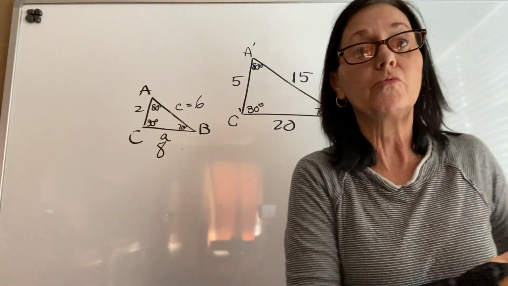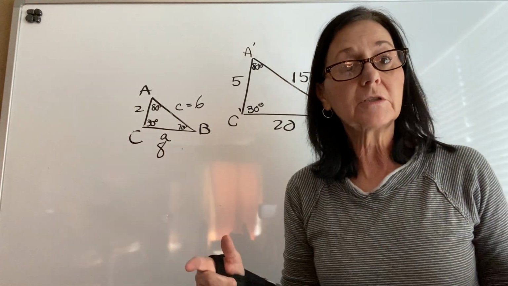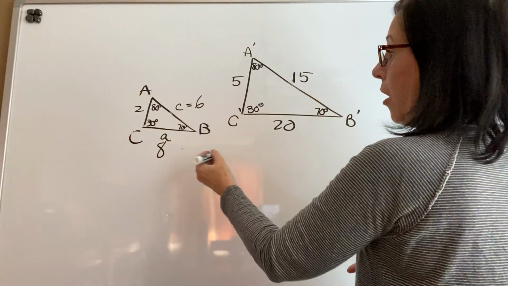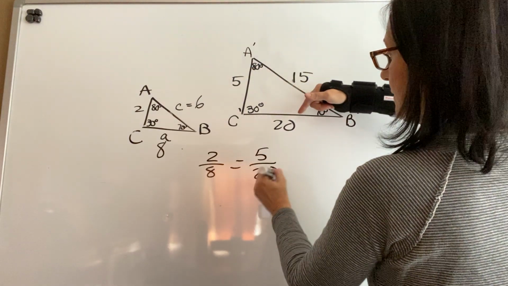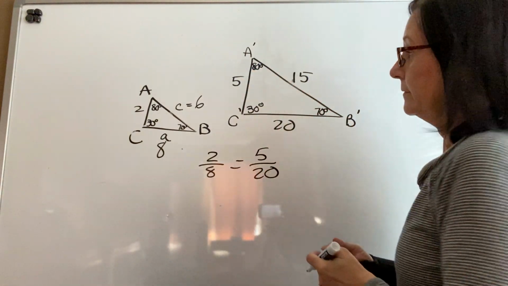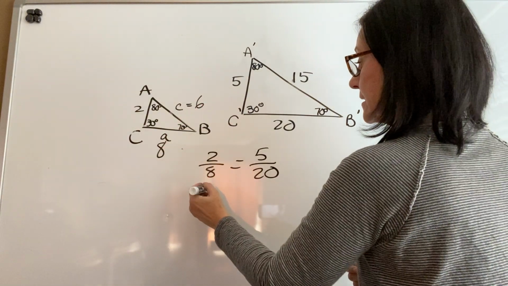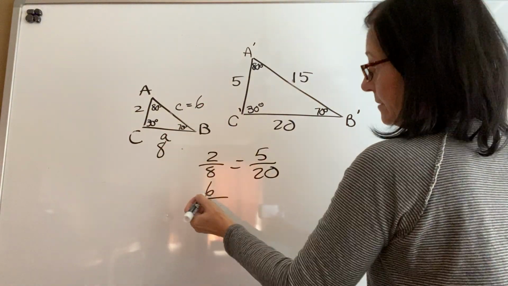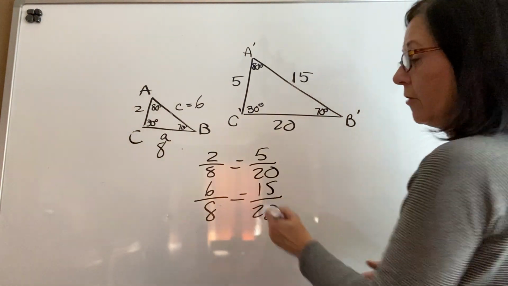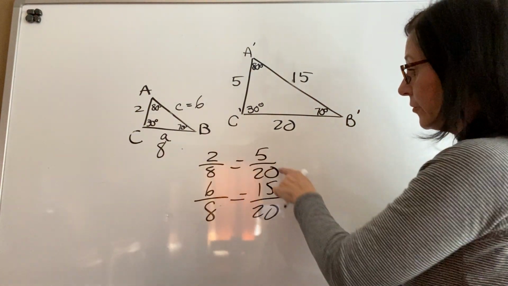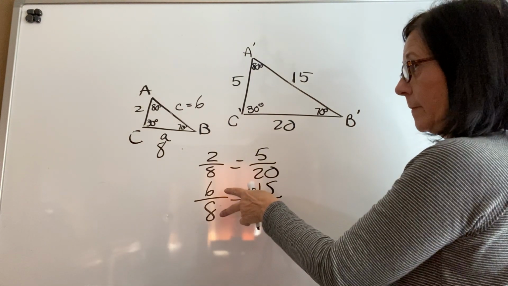All right, so all of my sides are proportionate. They have this ratio by which I can multiply them. All right, so all my ratios should be equal. 2/8 should equal my corresponding sides, right? 5/20. 6/8, and these two are equal if I simplify them. 6/8 must equal 15/20. All right, that's 1/4, 1/4. Both of these are divisible by 2.